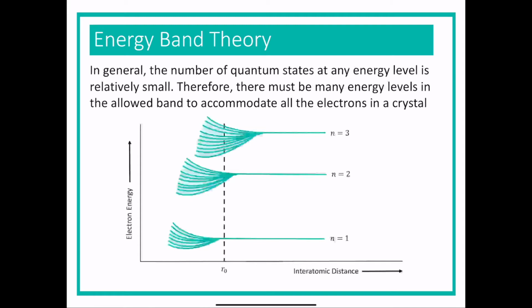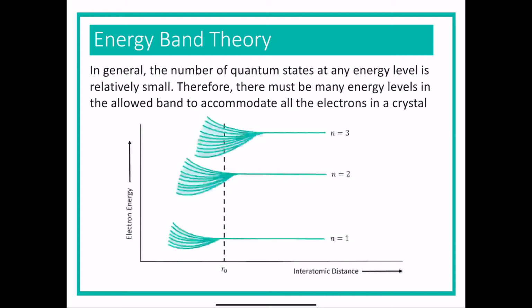So the idea of quantum numbers is not violated when we get to single crystals and we have a lot of electrons. They still have different energies, they're just slightly different. If the energy level is a particular value, it might be slightly higher or slightly lower, but mostly the same.